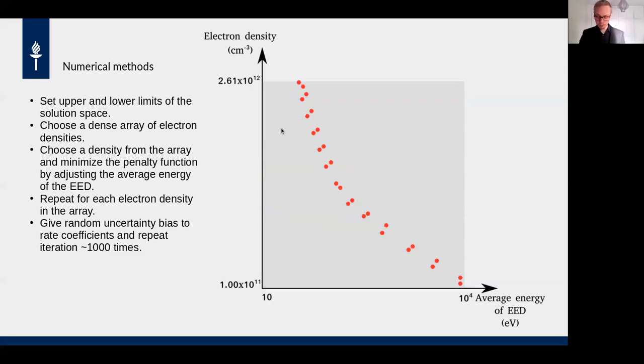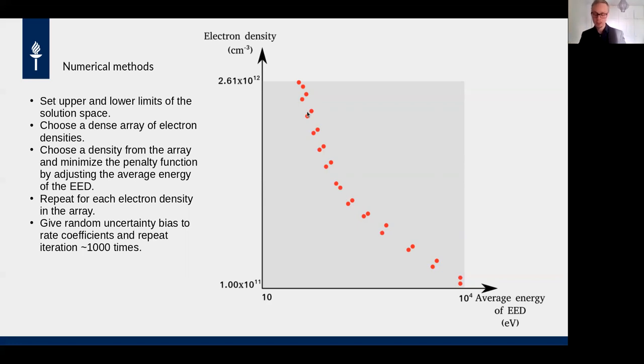We repeat this, so we obtain another set, something like this. Note that we also displace each electron density by a small amount to obtain an even tighter coverage of the solution space. And we repeat this 1,000 times to sufficiently sample the different uncertainty bias configurations to make sure that we have tried all the possible ways that we may have misevaluated the rate coefficients.